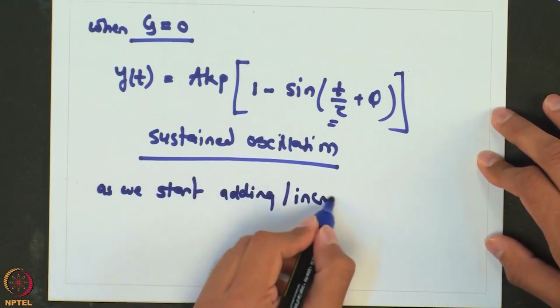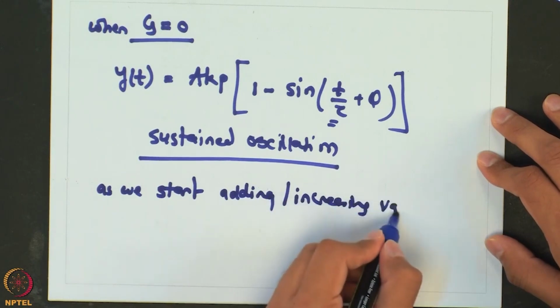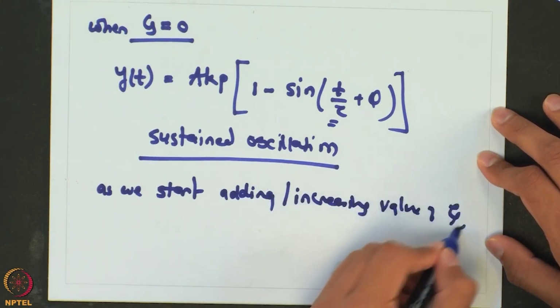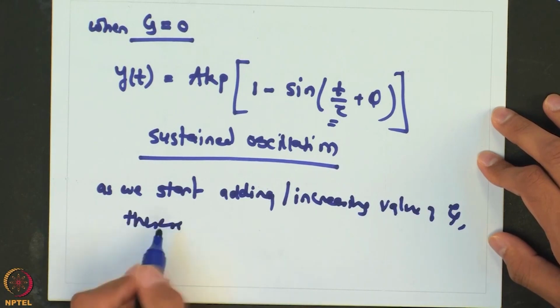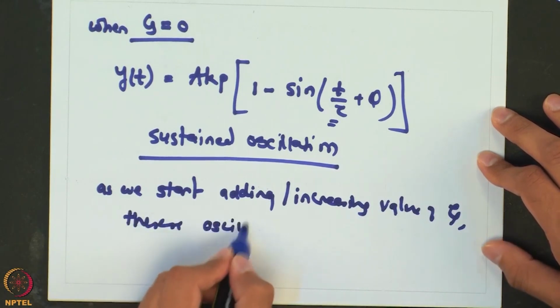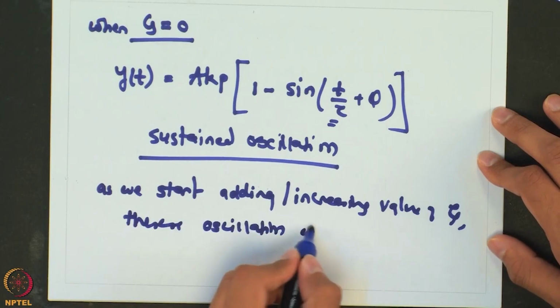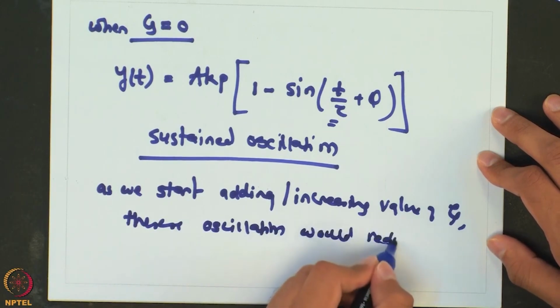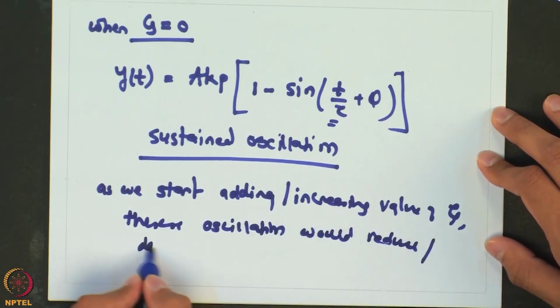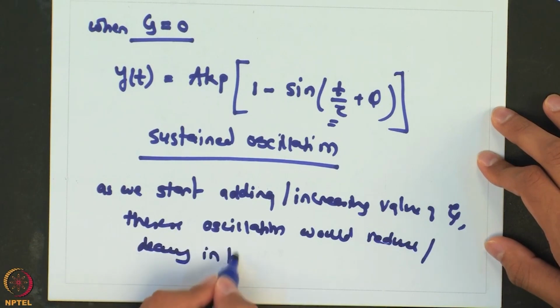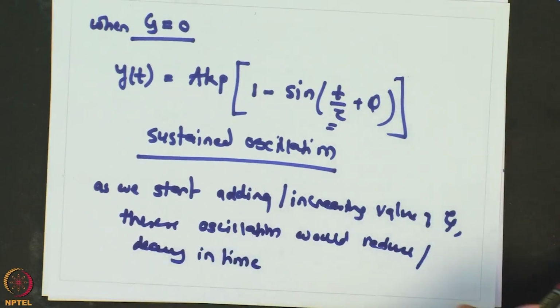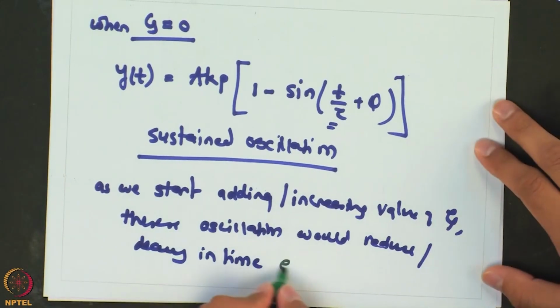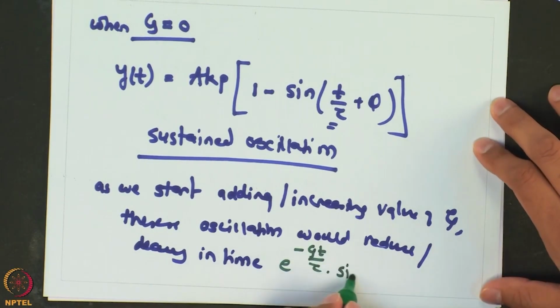As we start increasing the value of zeta, these oscillations would reduce or decay in time, because we add a decay factor of e raised to minus zeta t over tau, which multiplies the sinusoid.